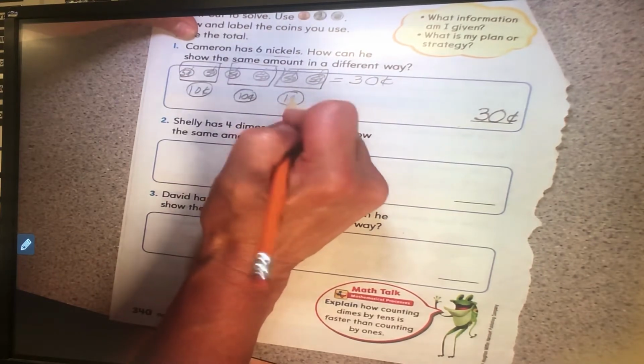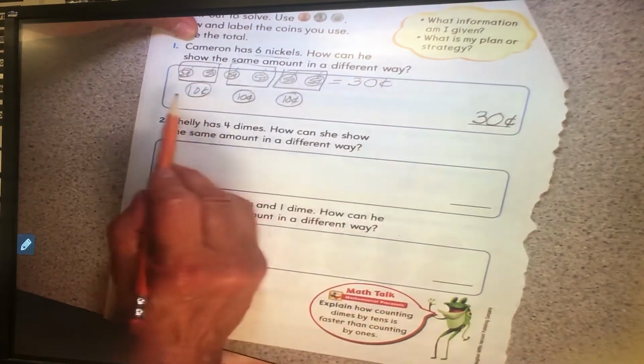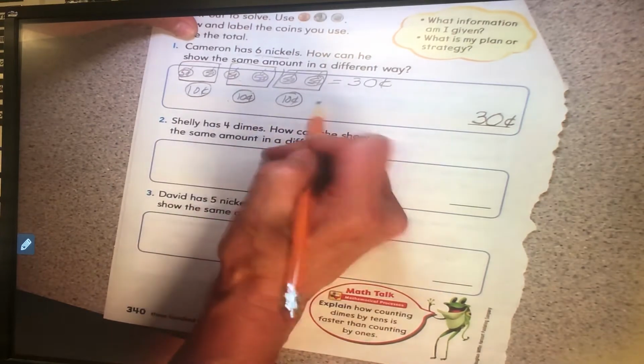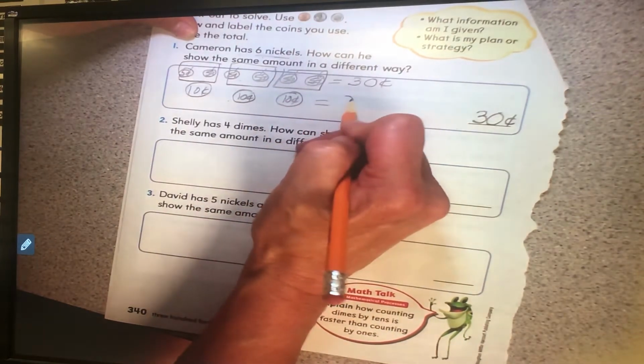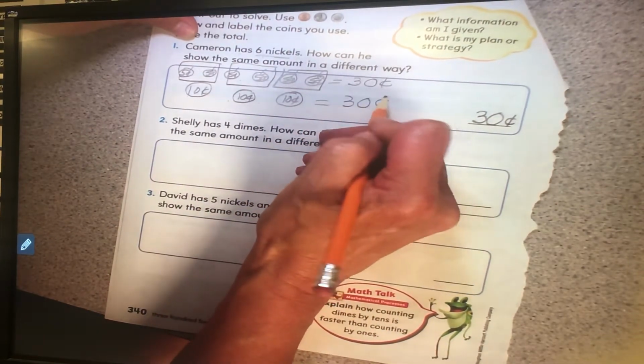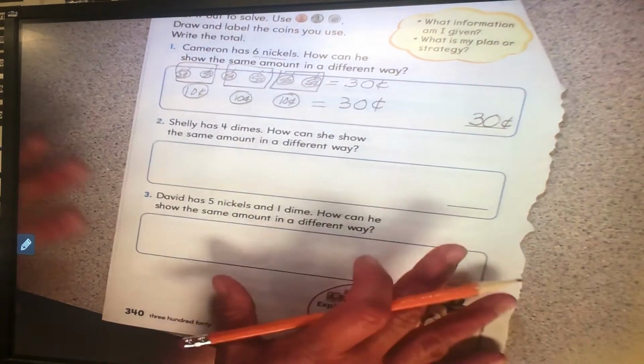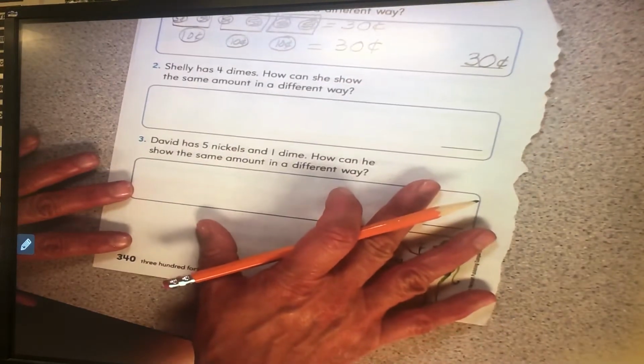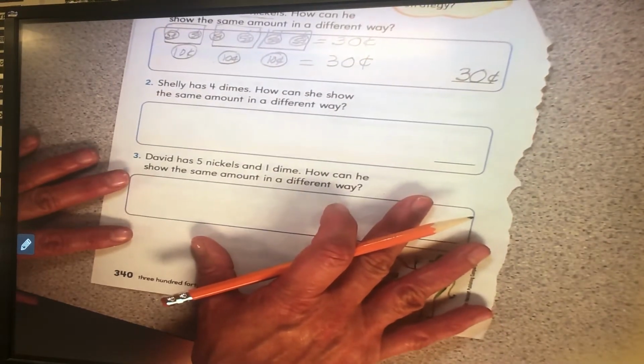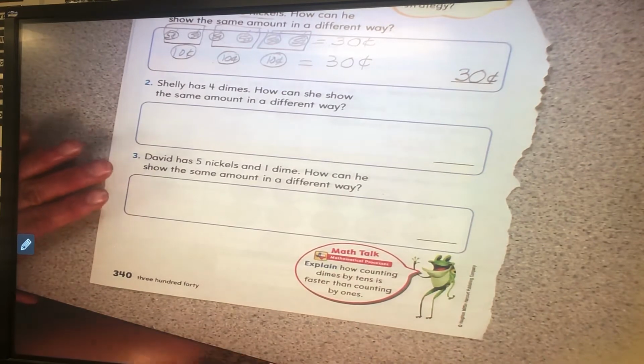There's another dime. So another way to make 30 cents would be what? Using 3, that's right, dimes. That's another way. I could use 30 pennies if I wanted. There's more than one way to do it.